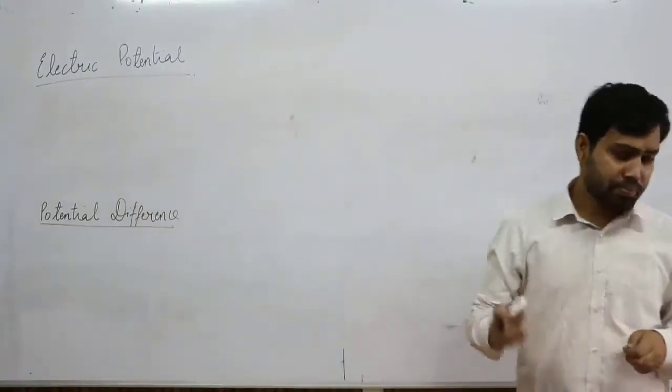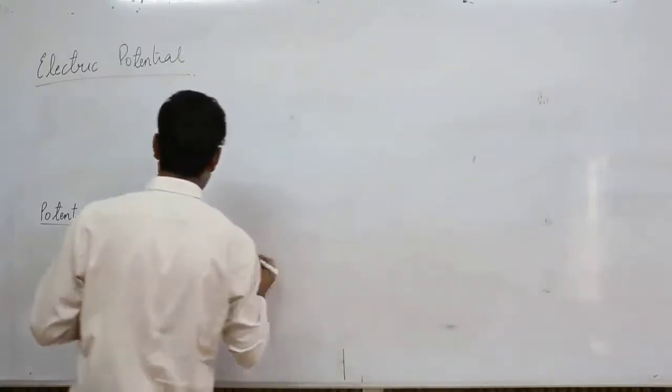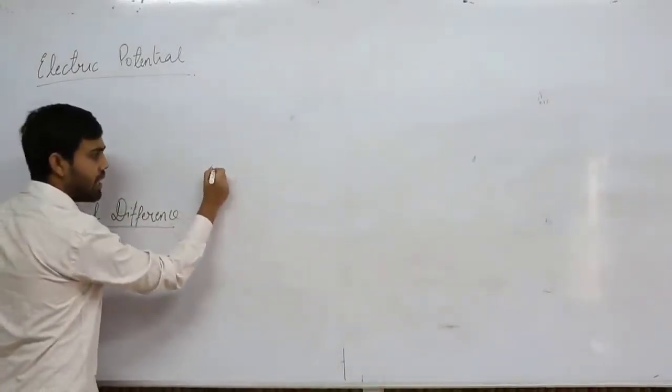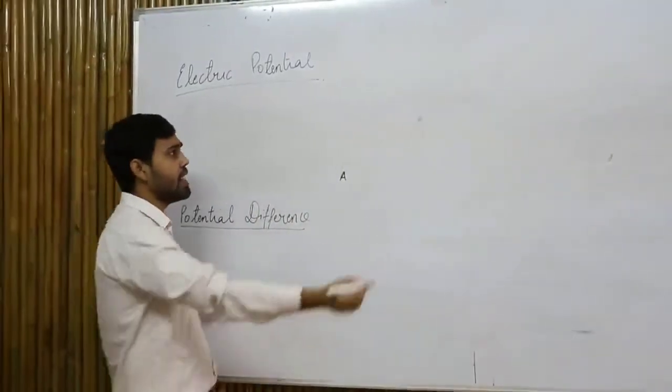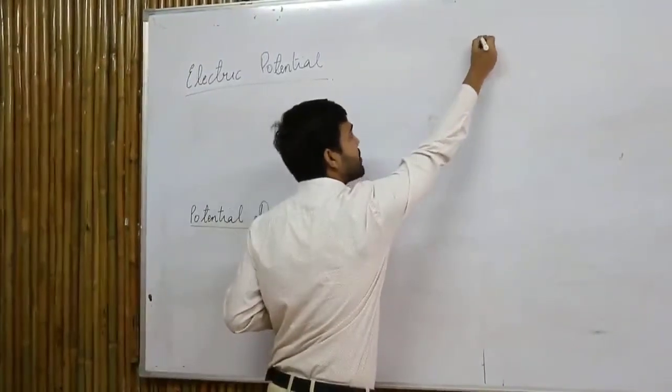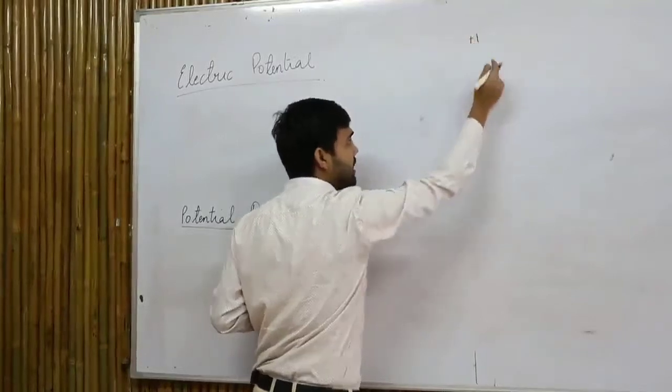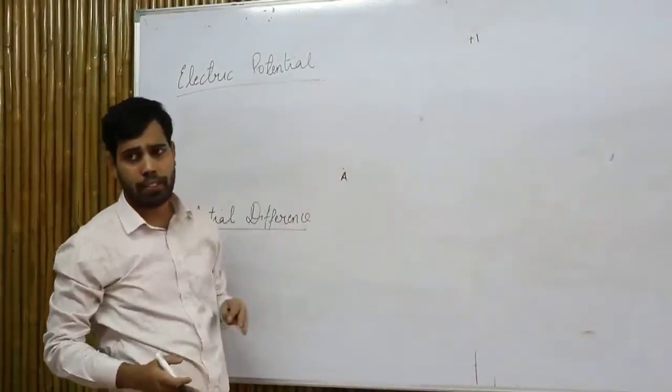So what I mean is, in a diagram, I have a point A in an electric field, and I have a unit positive charge somewhere at infinity. What is infinity?